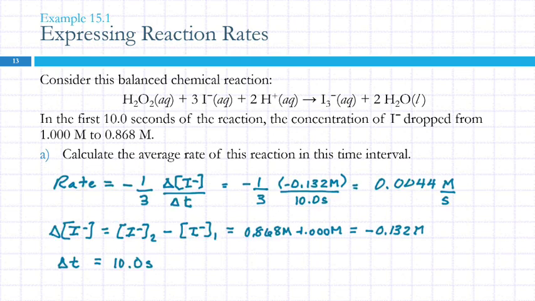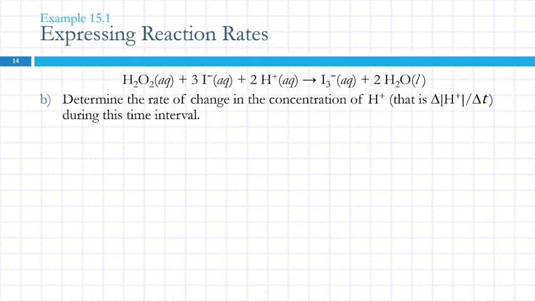We had 0.0044 was the rate of the reaction. So the rate is 0.0044, and I was sloppy with my sig figs. It should have had a 0 there. So that's the rate.